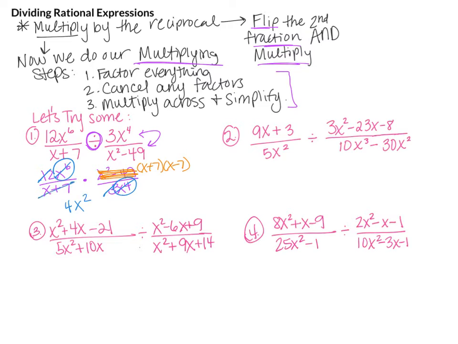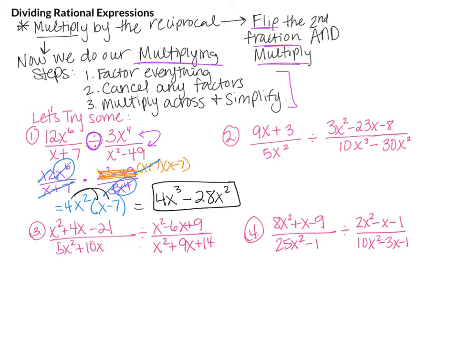I can cross off my x plus 7s, which will leave me with an x minus 7. Okay, so then the last thing that I could do, if I wanted to, I could go ahead and distribute that here. So I'd have 4x cubed minus 28x squared.